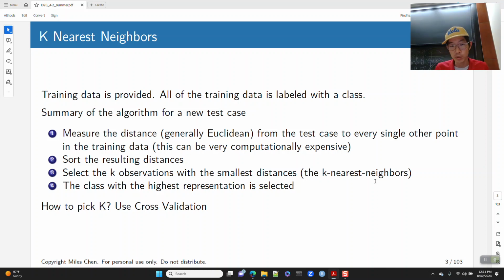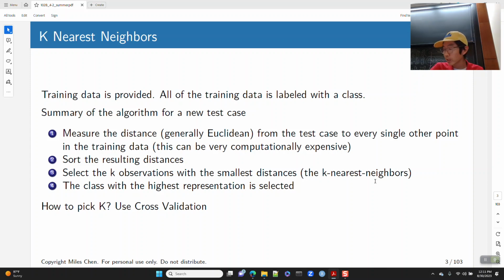Those are the ones that are closest. And then out of the nearest neighbors, basically they vote. They say, I'm class A, I'm class A, I'm class B, I'm class A, I'm class B. And you take a vote, and whichever class has the most representation in the nearest neighbors, that's the one that wins, and that's going to be how you classify this point.